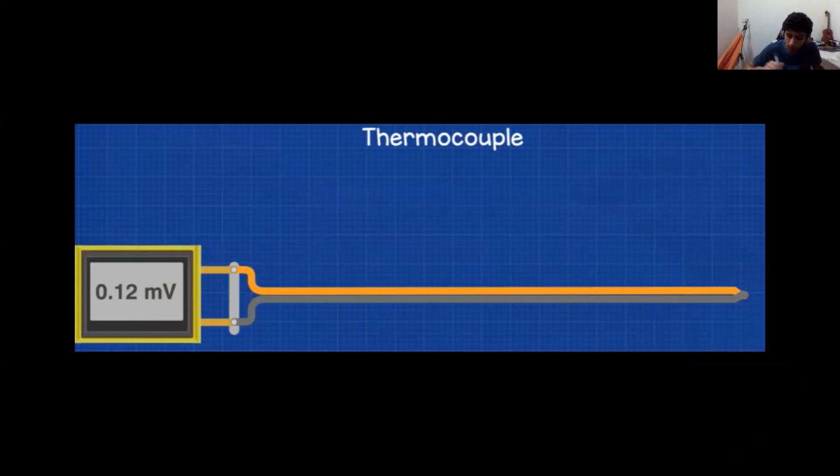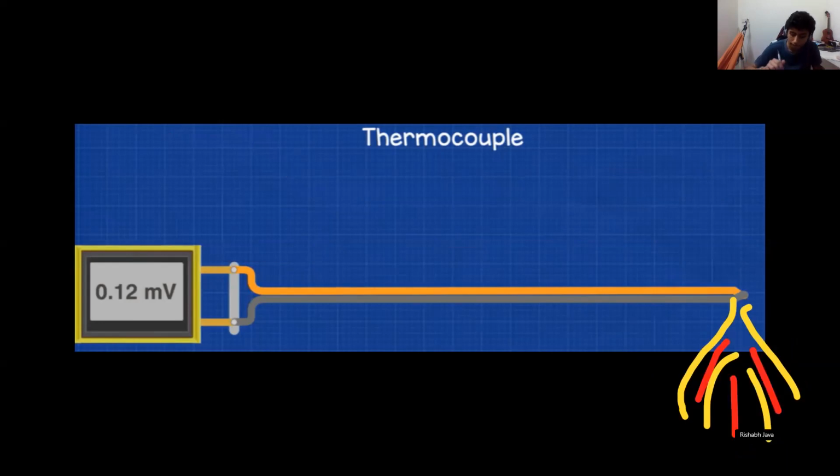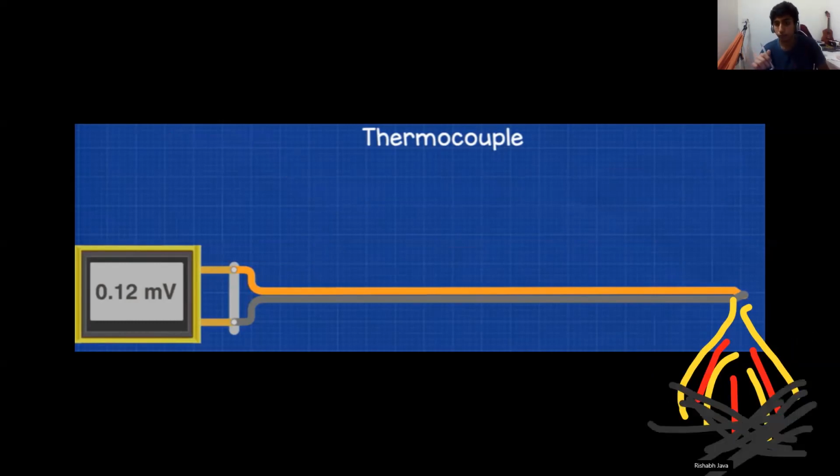So I'm applying, let's see if I can draw a flame. We've got a campfire here, guys. This is a good drawing. Now we know we are applying heat on one end.